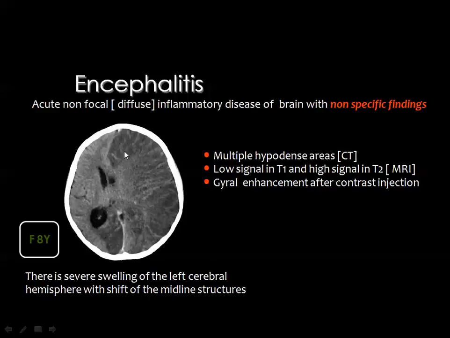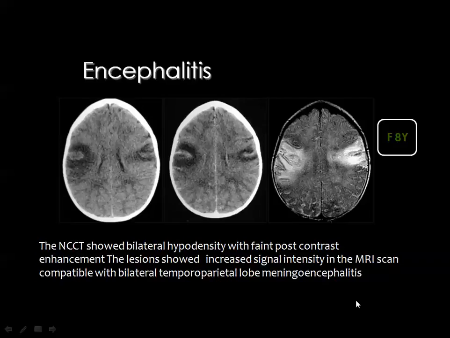This is an example: female child, 8 years old, with a massive hypodensity in the left cerebral hemisphere and a smaller one in the right cerebral hemisphere, denoting the presence of cerebral parenchymal lesions. In the good clinical settings, you are able to diagnose encephalitis.